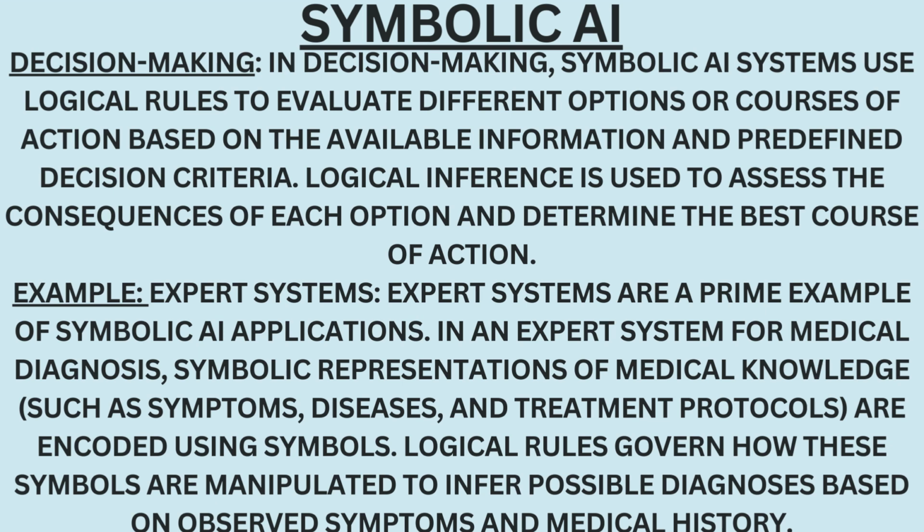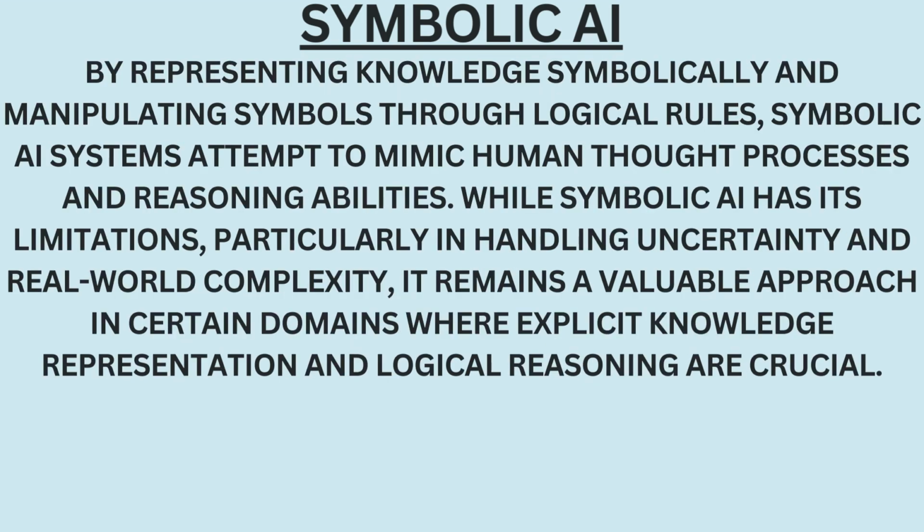Logical rules govern how these symbols are manipulated to infer possible diagnoses based on observed symptoms and medical history. By representing knowledge symbolically and manipulating symbols through logical rules, symbolic artificial intelligence systems attempt to mimic human thought processes and reasoning abilities.